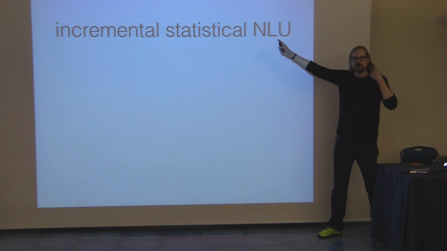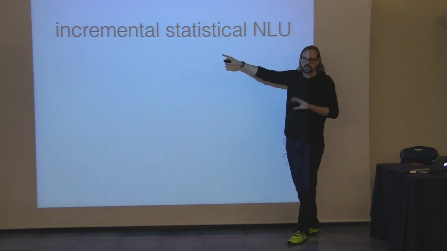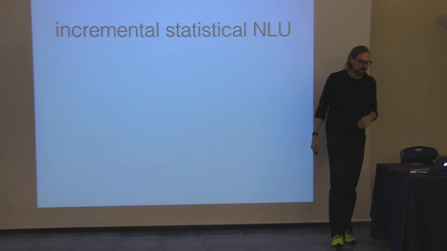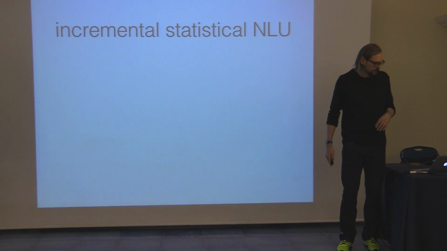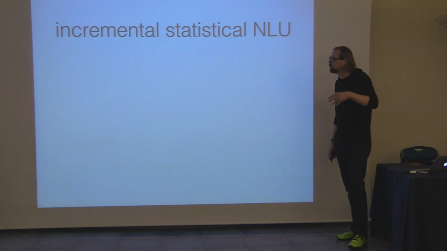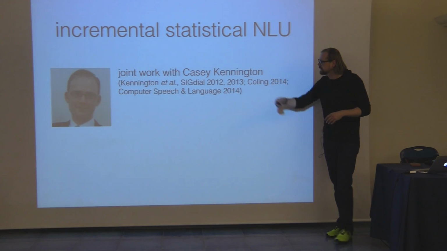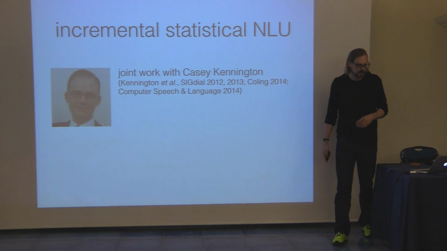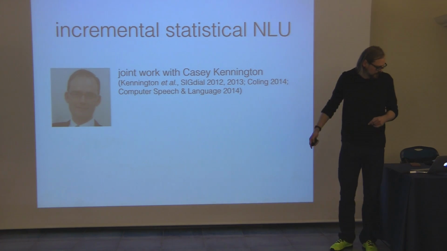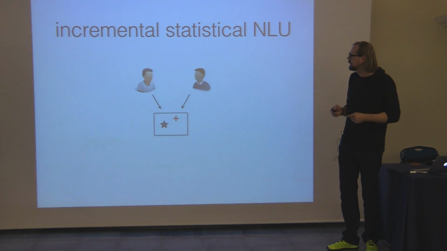So we are keeping the requirement of incrementality. This is sort of a given for us, but we are adding the physically situated component. And it's a statistical approach, and this is Casey Kennington's PhD work. He's nearing the final year of his PhD.